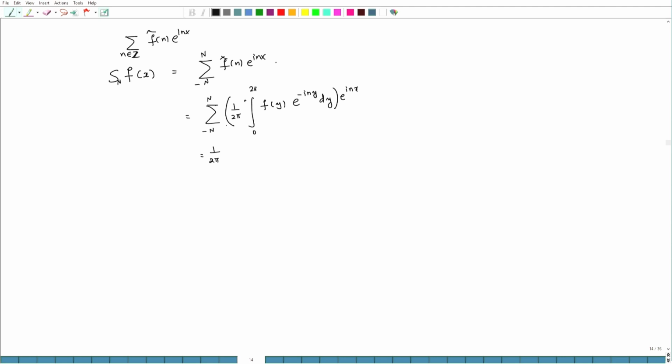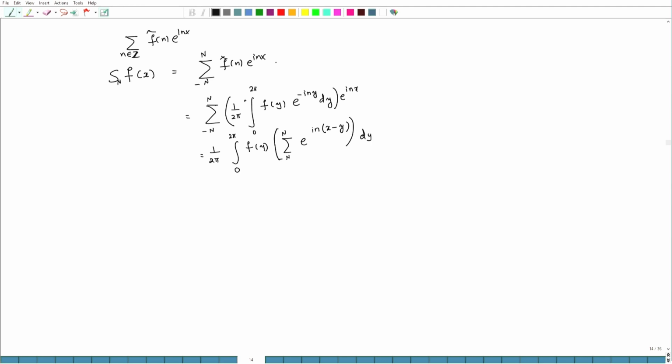Now, this is a finite sum, so we can interchange the sum and the integral by the linearity of the integral. We can write integral 0 to 2 pi f of y times summation minus n to n e to the power i n of x minus y, then dy.